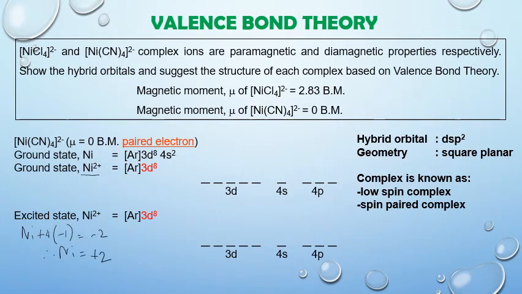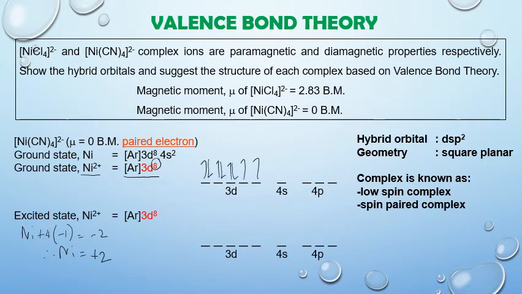So for nickel 2, we write the electron configuration and we look at the number of electrons in the 3d orbitals. There are 8 electrons. So we need to fill in the electrons in the 3d orbitals by referring to Hund's rule: 1, 2, 3, 4, 5, 6, 7, and 8.